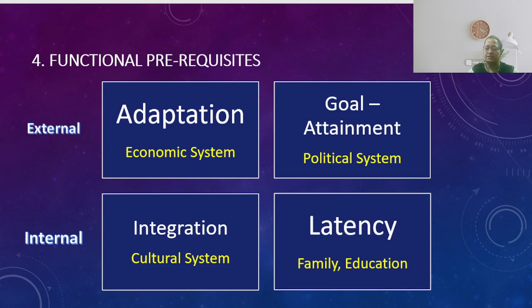Integration, the system is the social system, and the institution is written here as the cultural system, but you can say law too, because law also plays a significant role in maintaining integration. So here you can write law. In latency, the system is fiduciary or again the cultural system, and the institution via which we achieve latency is family and education. So these are the four terms.